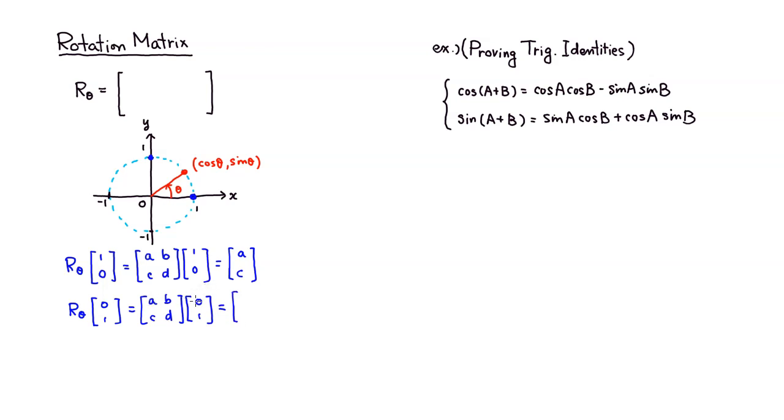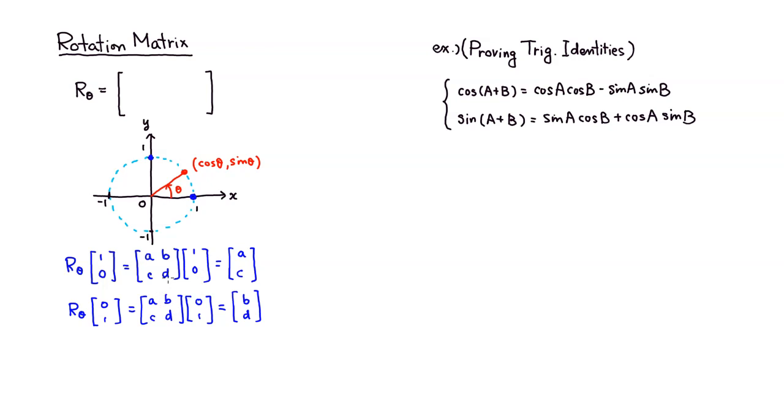You can see A times 0 plus B times 1 is just B, and C times 0 plus D times 1 is D. So if you multiply by (0, 1), you extract the second column of that matrix.